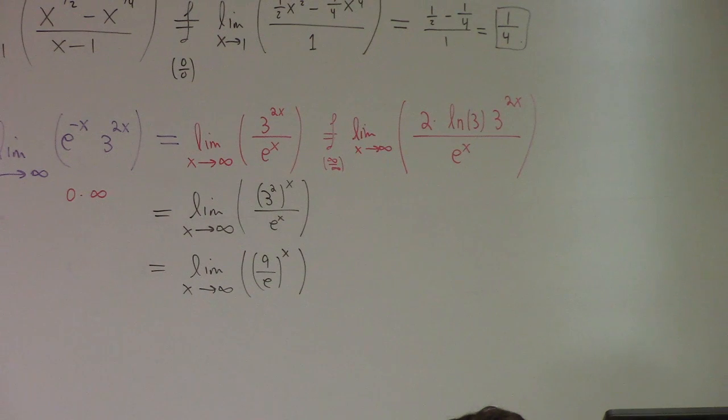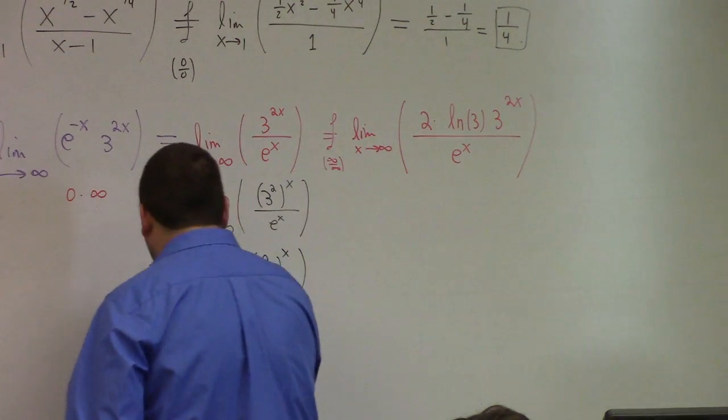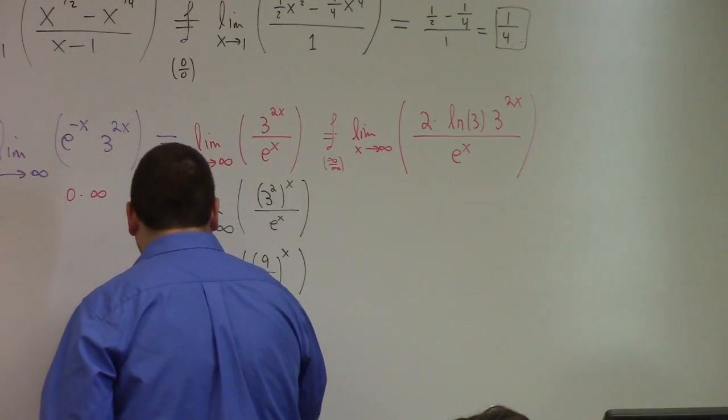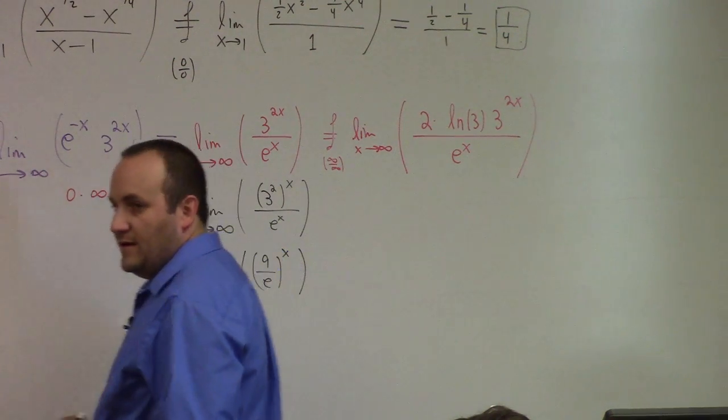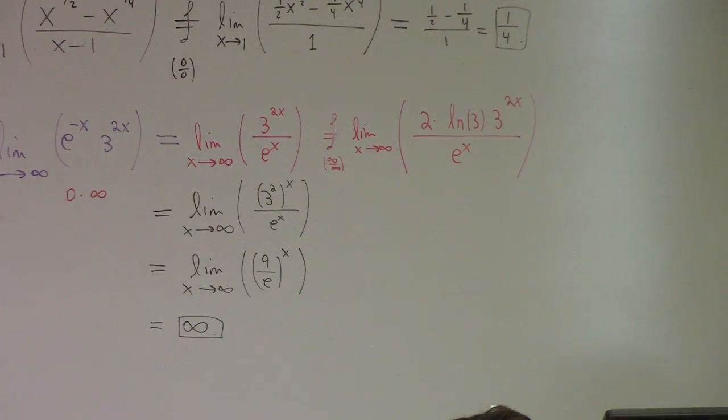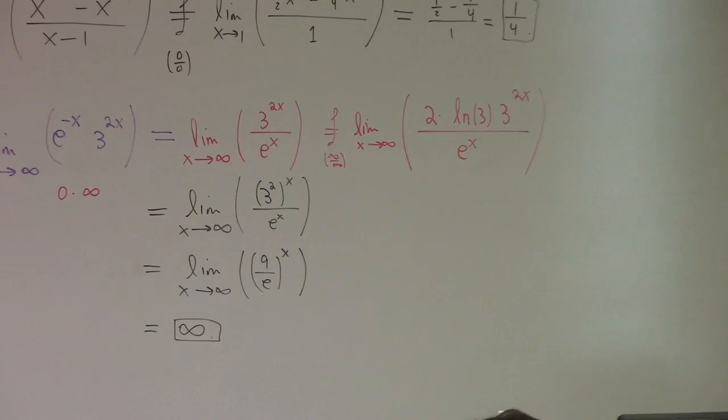Is 9 over e smaller than 1 or larger than 1? So what happens if we take a number larger than 1 and raise it to the infinite power? It goes to infinity, right? So as you can see, L'Hopital's rule here is wholly unnecessary. And in fact, it's useless to us here, right?